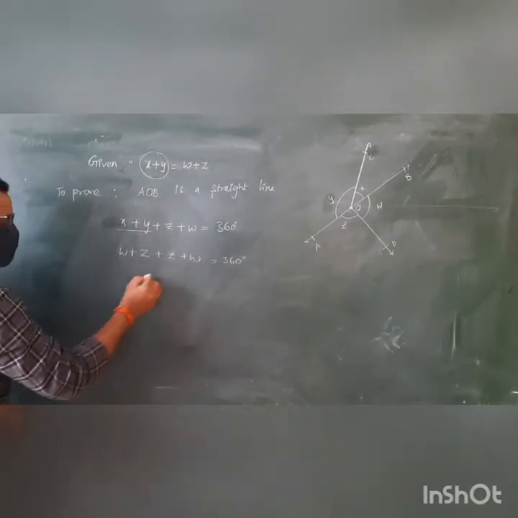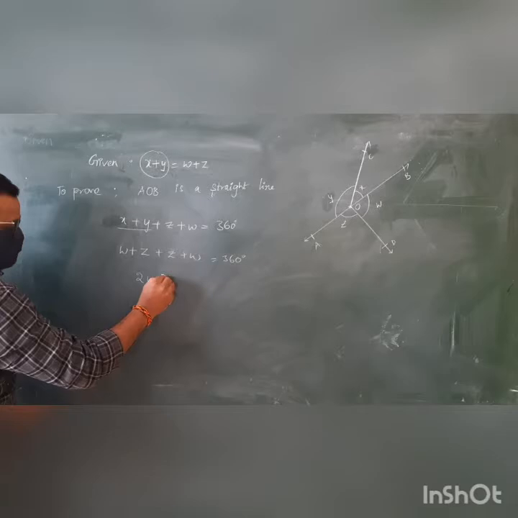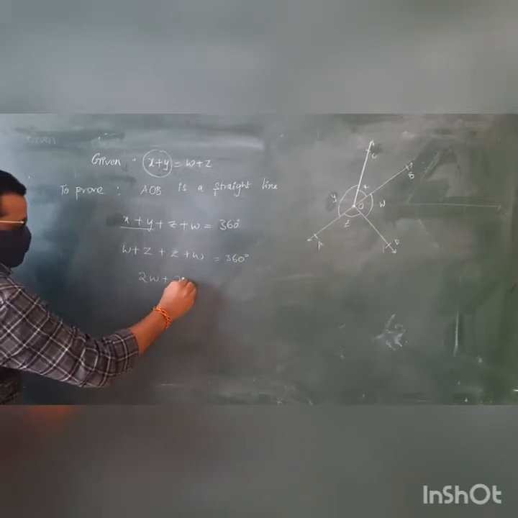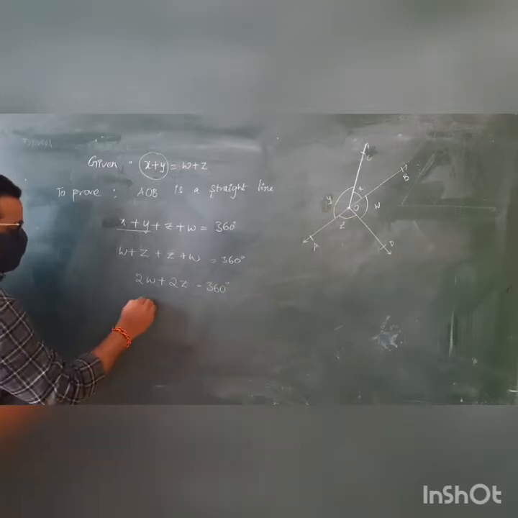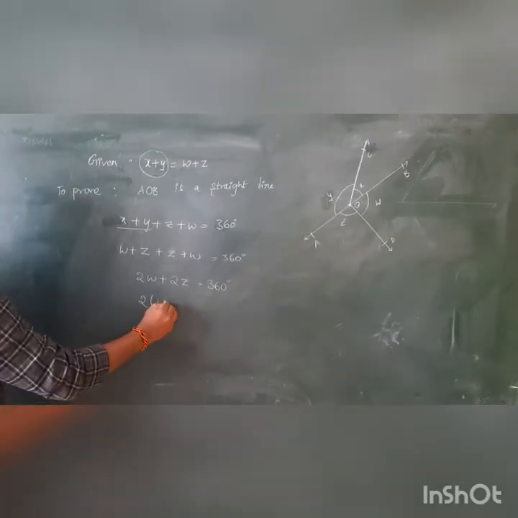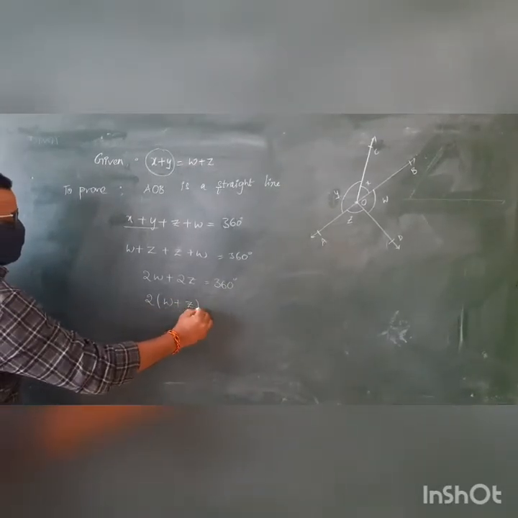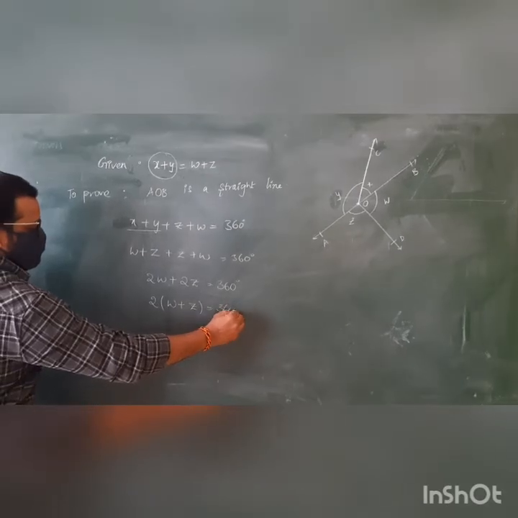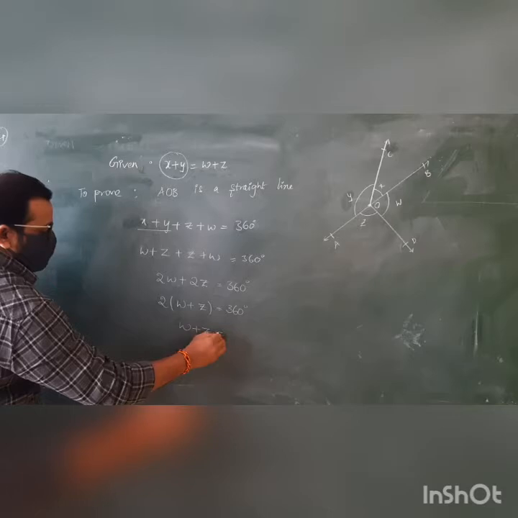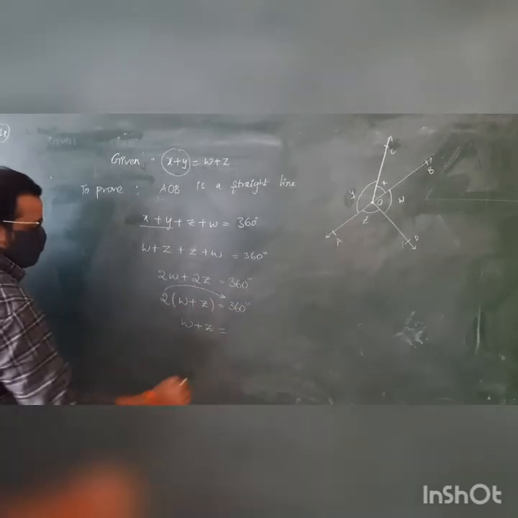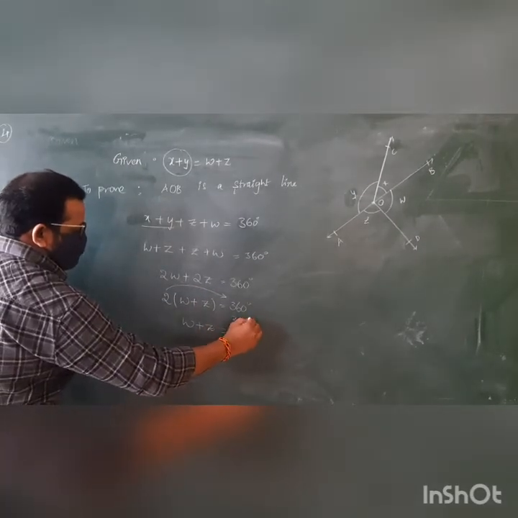Here 2w plus 2z equal to 360 degrees. Taking out 2 common from this, we will get 2 times w plus z equal to 360 degrees. Taking this 2 to the other side, we will get w plus z equal to 360 by 2.